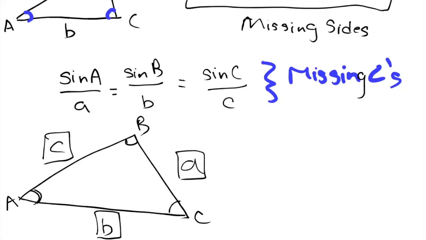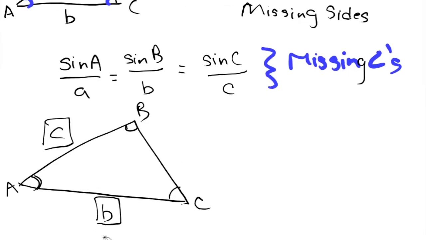So now let's look at a triangle. Let's say we have triangle ABC over here, and instead of using A, B, and C, let's use real numbers, and we'll try and solve this triangle using the sine law.